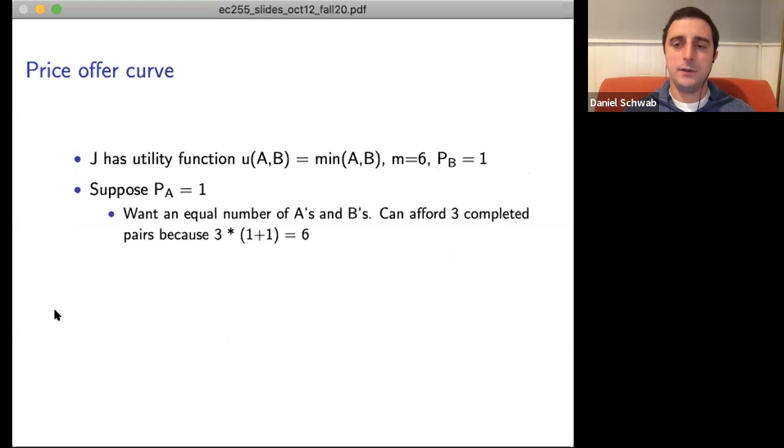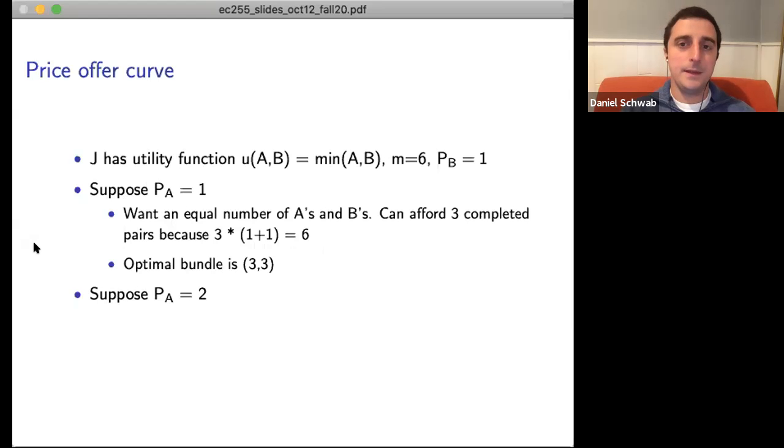And so I just show the calculation that I did here. A pair costs $2, right? Because apples and bananas each cost $1. And so you can buy 3 pairs, and that would equal your $6. So if PA is 1, then you can get these 3 completed pairs. And so your optimal bundle is 3, 3.